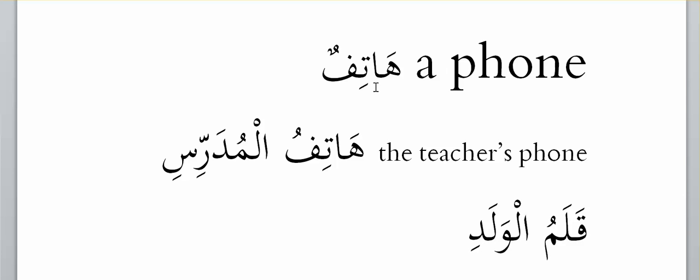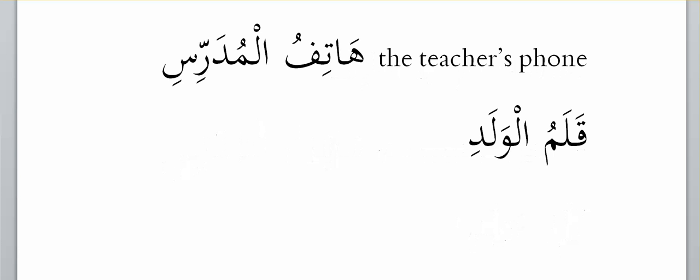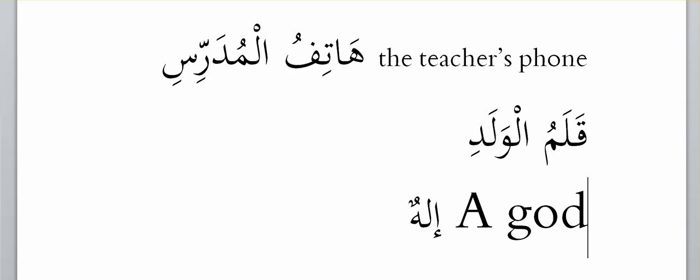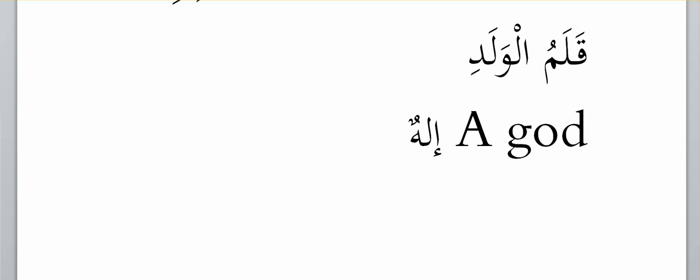So here we have another word. Let's go ahead to the next ayah. The next ayah is ilahin nas. So let's put ilah. Ilahun means a god. What does it mean? A god. What is the mankind or the people?